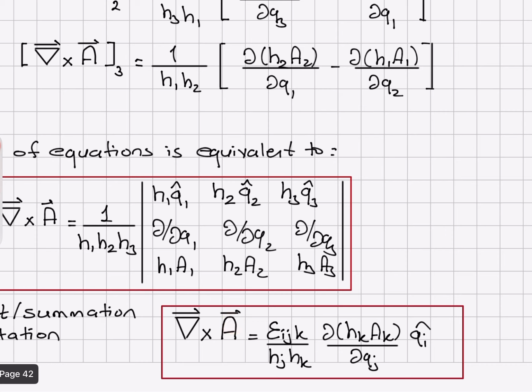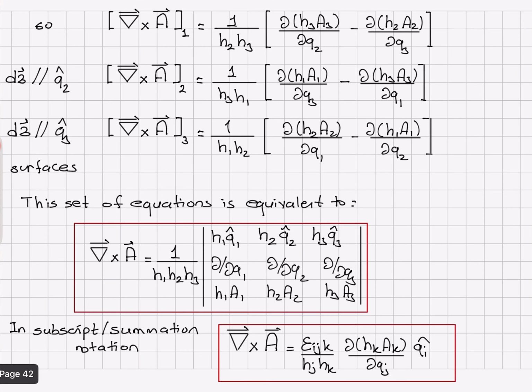This is curl. 1 over, because it's in Qi hat direction, I have Hj Hk. For the gradient operator here, I have ∂/∂qj. For the vector A, I have the k component, but instead of the k component, it's hk ak, and then it's divided by hk. So basically, this gives me the Einstein notation version of the curl in curvilinear coordinates.